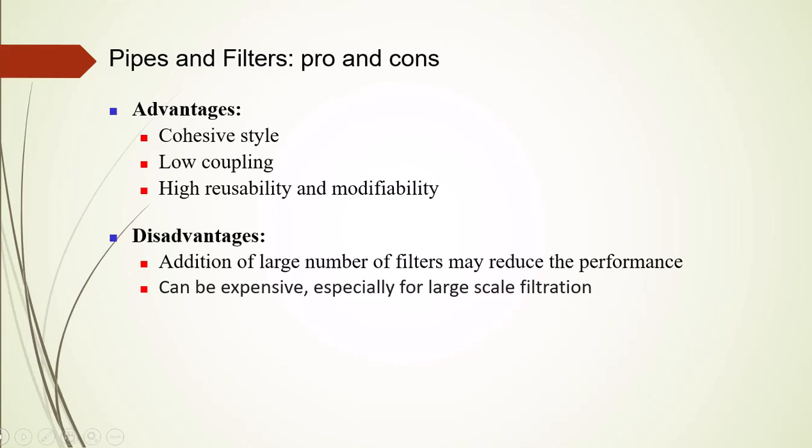This is good. Remember that this is the quality of any component or software: it possesses less coupling, maximum cohesion, and high reusability. If any filter is not working properly, we can easily modify it, and we can easily reuse that particular filter or combine filters in some other system.